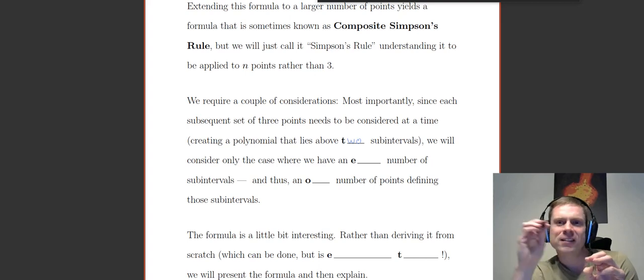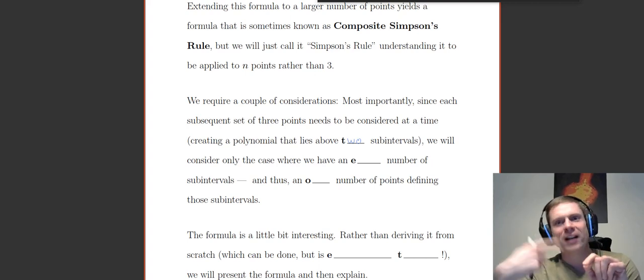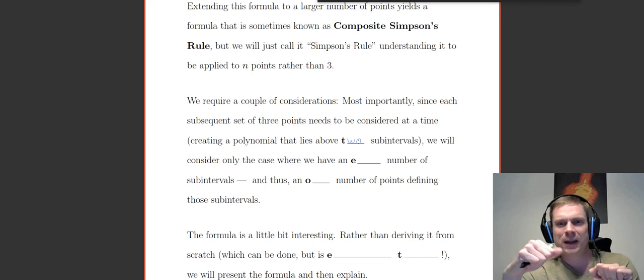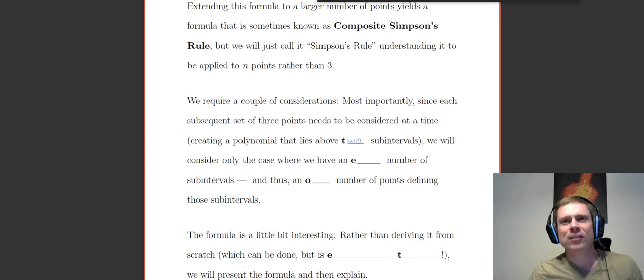And so you see every second point is going to be involved in 2 calculations, which is a little bit interesting, okay? That means that we have to have a particular number of subintervals, right? I need to make sure that there's an even number of subintervals because I need a parabola to be over every set of 2. So set of 2, set of 2, set of 2, set of 2. I need an even number of subintervals to make sure that I can define this really well, okay?